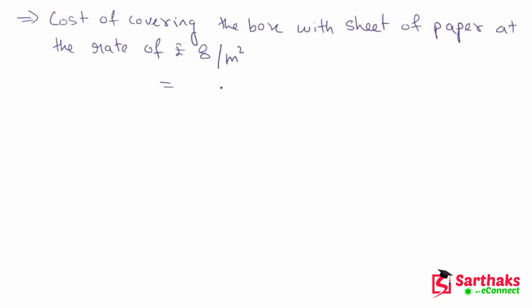So what is the cost? If we multiply 52x square by 8, it is equal to rupees 416x square.